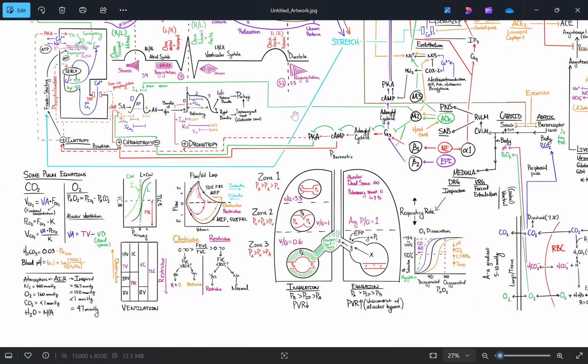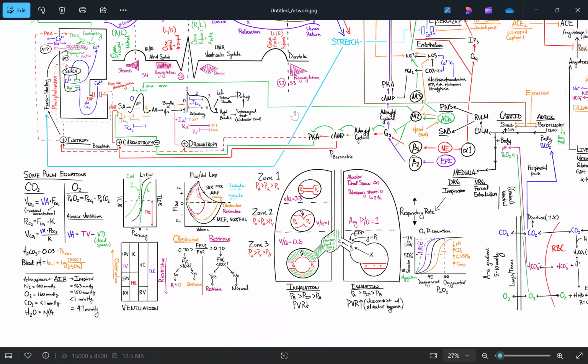Also note the sad face for the chest wall is when that chest wall pressure, instead of being negative, is zero. It's no longer pulling on your lungs in that negative vacuum almost, and therefore you're going to have pneumothorax when your lungs collapse. On the left of that, I drew some pulmonary equations that are good for you to know.